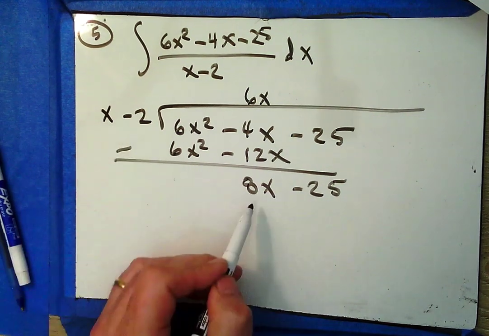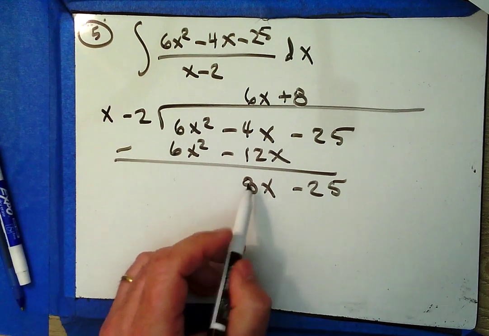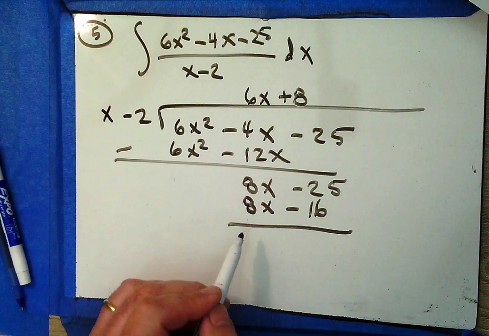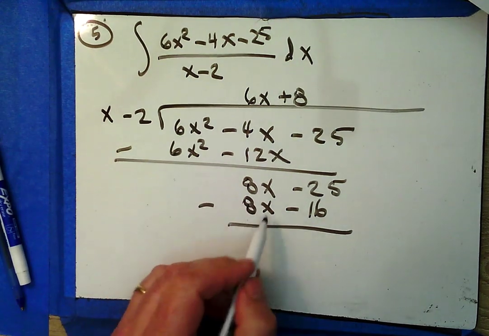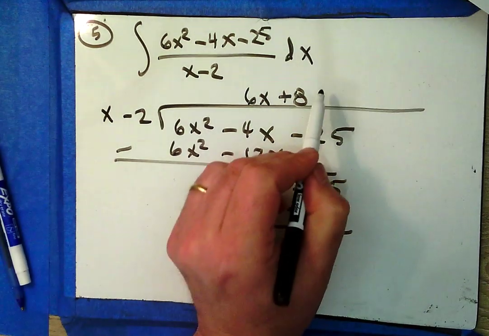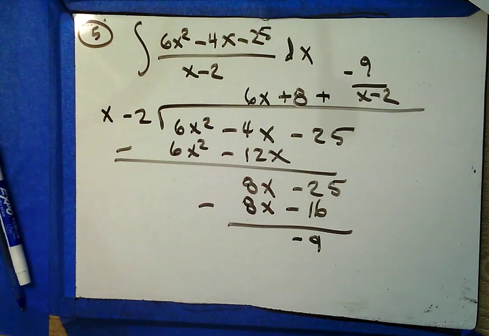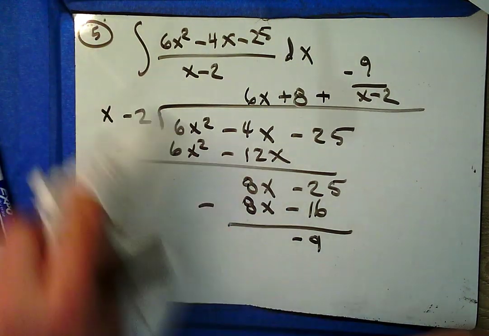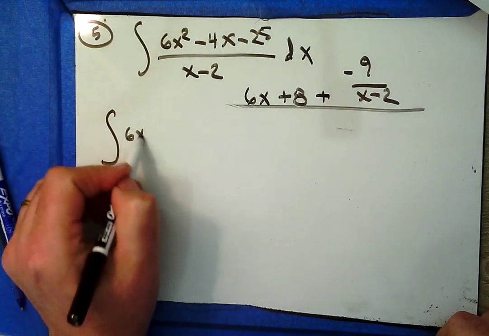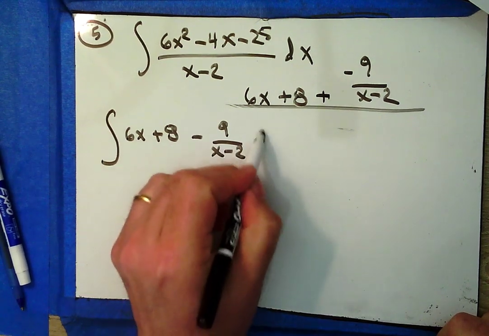And what do I multiply this by to turn it into that? I would use an 8. That's going to give me 8x minus 16. And so when I subtract, I'm going to get negative 9. So then this is plus negative 9 over x minus 2. So this integral that I couldn't integrate can now be rewritten as the integral of 6x plus 8 minus 9 over x minus 2 dx.